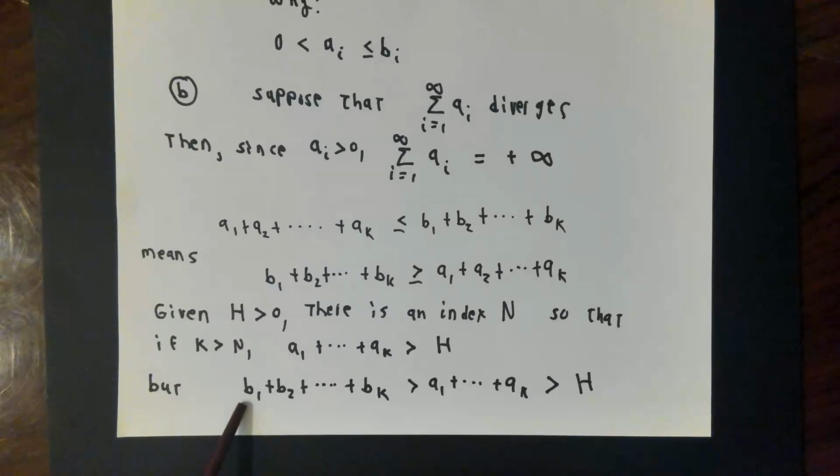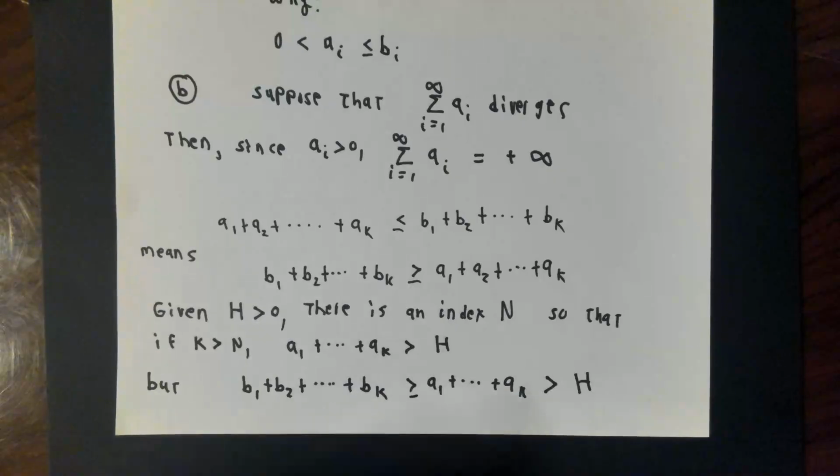But the partial sum of the b series with the same index is at least as big as the corresponding sum of the a series, which can be made as huge as you'd care to make it. That means the partial sums of the b series become indefinitely big as well.